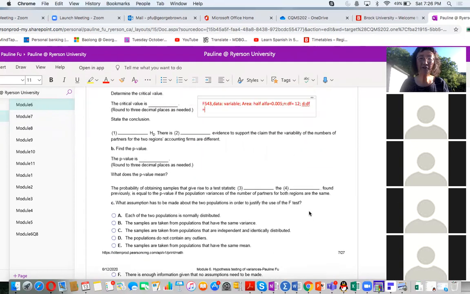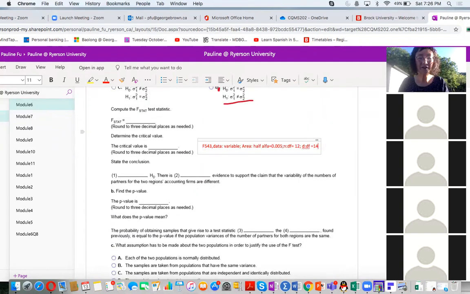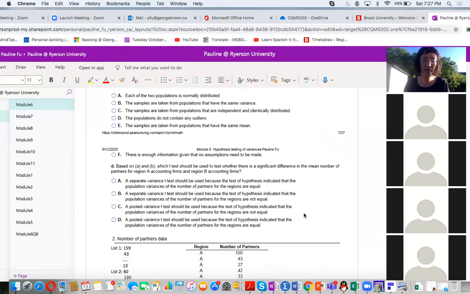So 15 minus 1 is 14. So NDF is 12 and then 14. And then you press EXE, and you would get 4.428. That is the critical value.